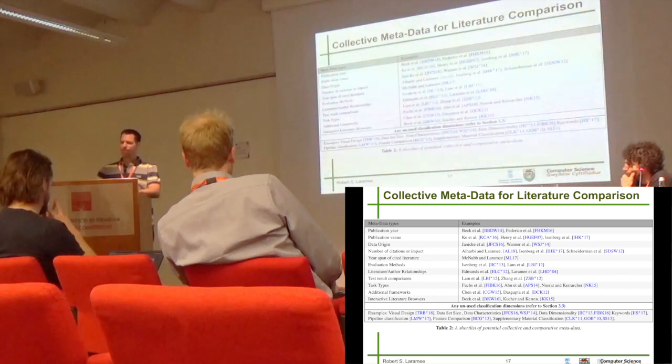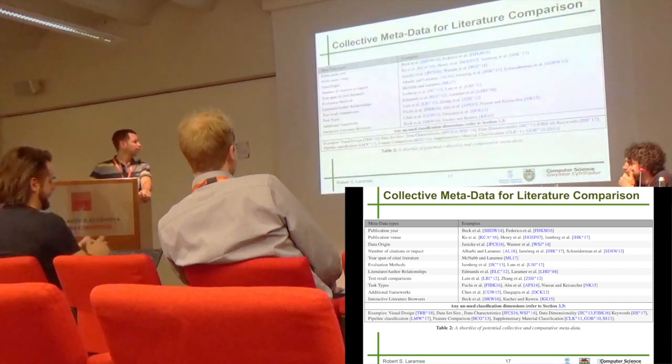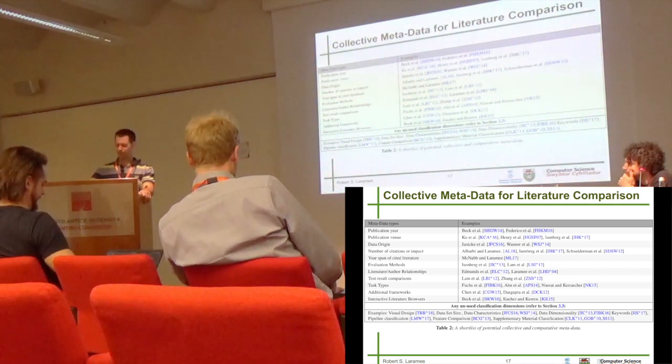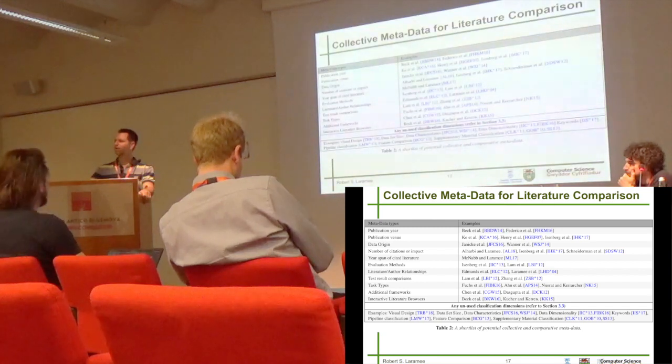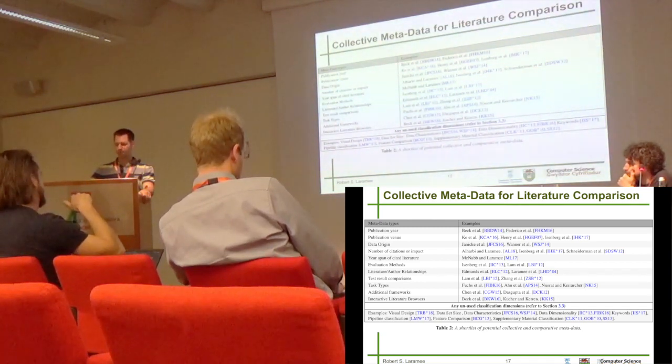So you'll see very often, for example, graphs of publication year versus number of papers published in that year, a histogram of papers published in your survey. Very, very common. You'll often see tables of publication venues, where the papers have been published, what conferences and journals.